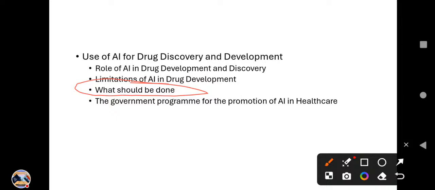Okay, and also it is the AIRAWAT platform. AIRAWAT means artificial intelligence research, analytics, and knowledge assimilation platform, that is India's first AI specific cloud computing infrastructure. Okay, and you can use this in the conclusion part.